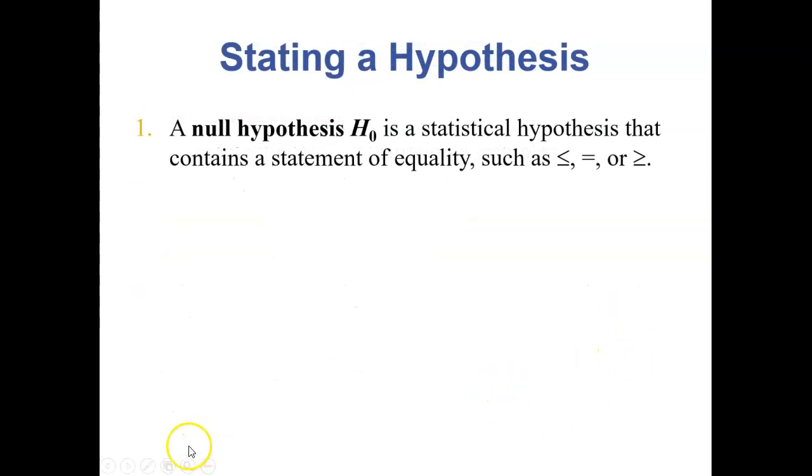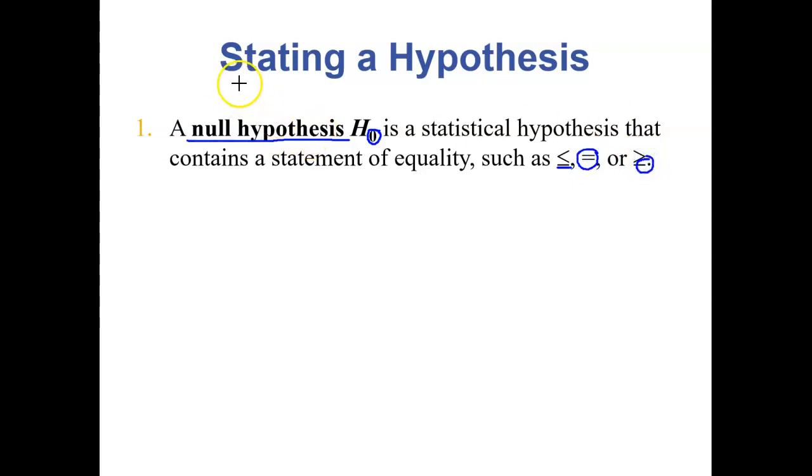Null hypothesis, let me pause. So a null hypothesis is represented by H and a 0. That's called H naught. It is a statistical hypothesis that contains an equal to sign. You see, less than or equal to, simply equal to, greater than or equal to.